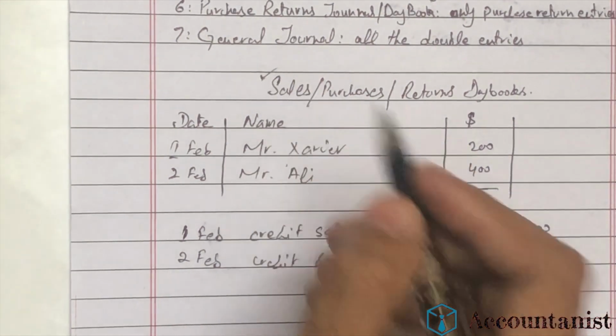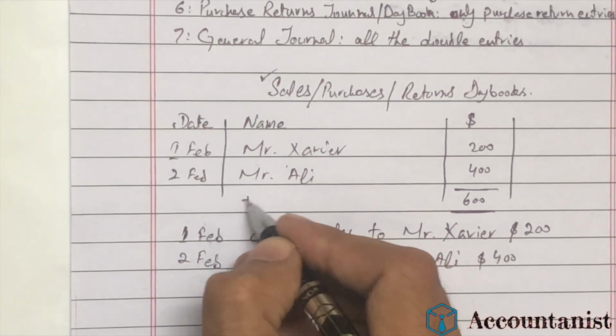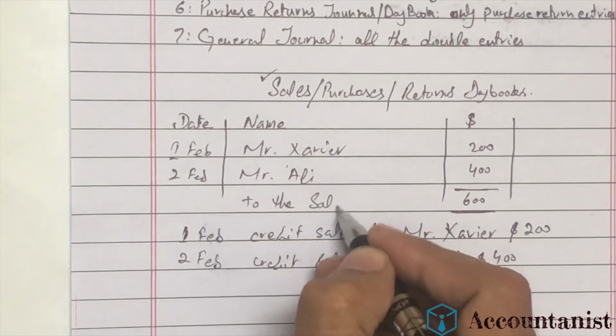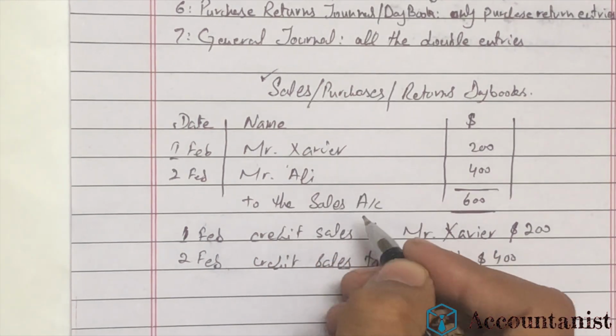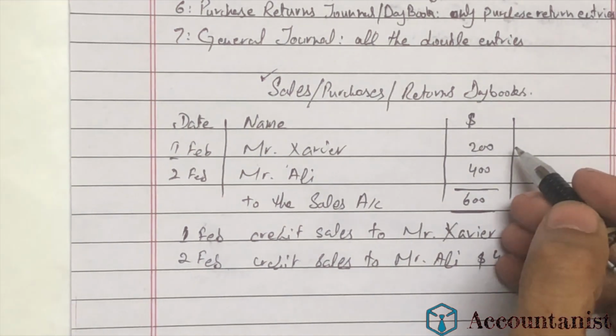If we are making the sales daybook, we'll transfer this balance to the sales account, which means the total goes to the sales account in the general ledger.